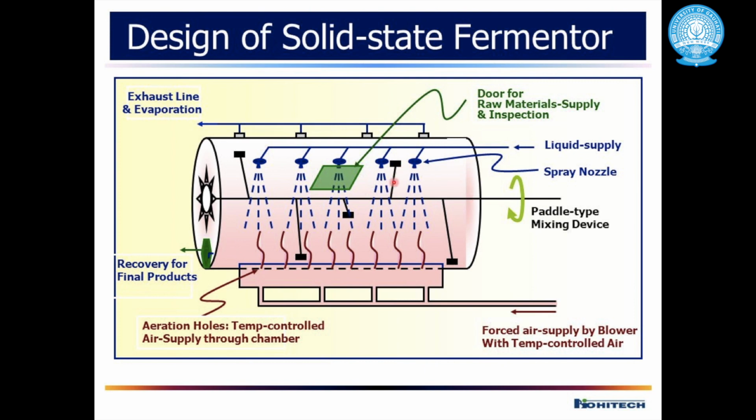This acts just like a humidity chamber, and this will ensure that the substrate is being converted into product, or else the materials that you want, which can be recovered for final products through this place, through this nozzle out here. This is the exhaust line and evaporation chamber. So this is a typical diagram of a solid state fermenter, which is widely used nowadays.